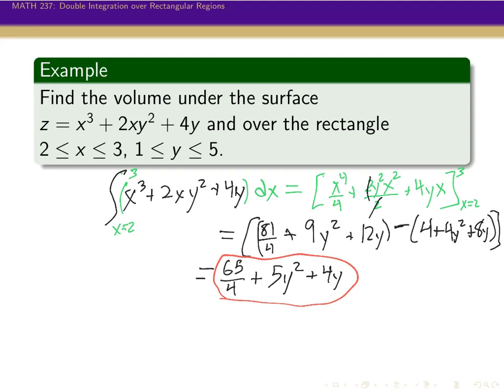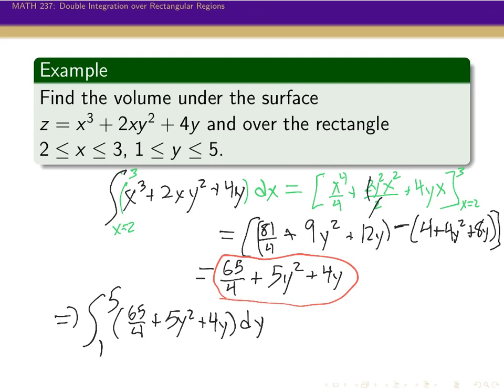And so now we can do the second integral in terms of y. And so that integral is going to be going from 1 to 5 of 65 over 4 plus 5y squared plus 4y dy. So now this is only y's in there.